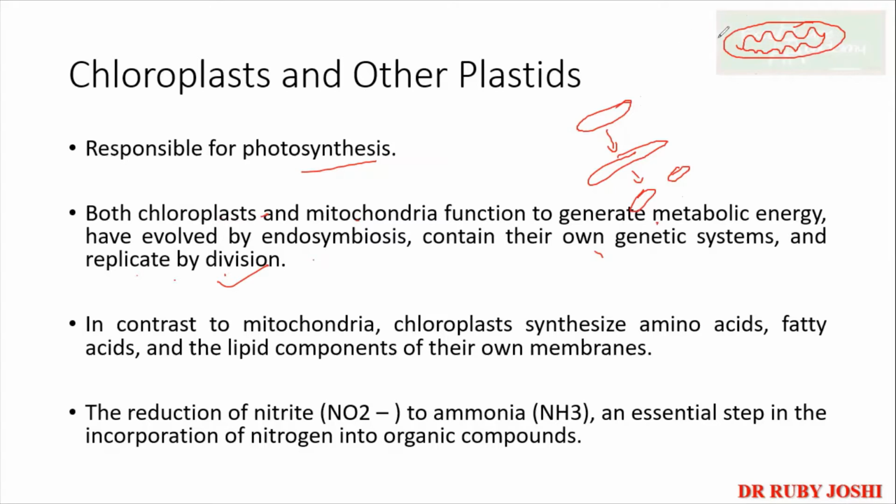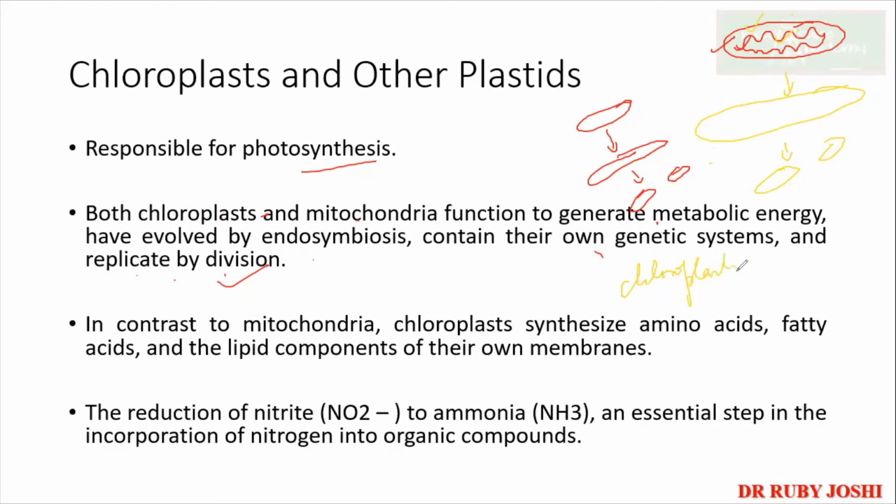In the same way, they keep on adding to the outer membrane and the inner membrane. All these proteins will be added in the outer and inner membrane, the matrix, and the intermembrane space. Eventually, it keeps on growing and divides like this. This is how mitochondria are replicated by division. The same applies to the chloroplast also.